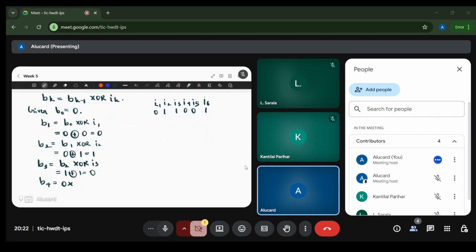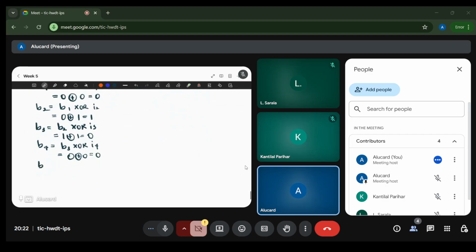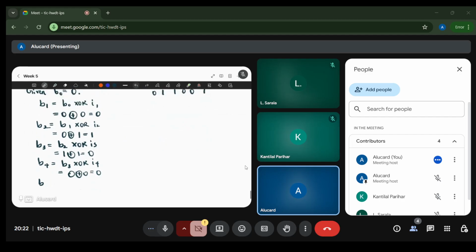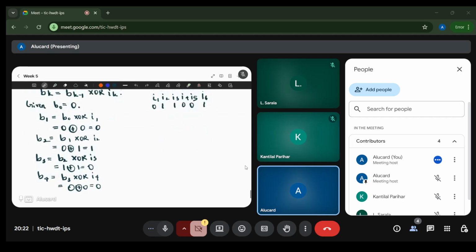B4 is B3 XOR I4, which is 0 XOR 0, which is 0. B5 is B4 XOR I5. Finally, B6 is B5 XOR I6.